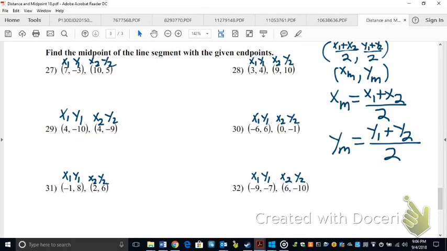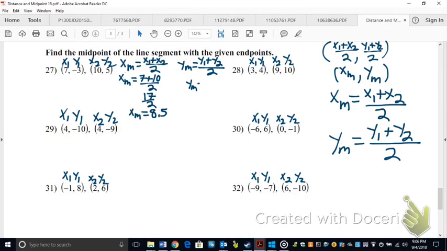So once we've got all of them done, we're basically just going to plug them into our equations. So we have 7 plus 10 over 2. That's going to give us 17 over 2. Or the x coordinate of our midpoint is 8.5. The y coordinate of our midpoint is going to be negative 3 plus 5.